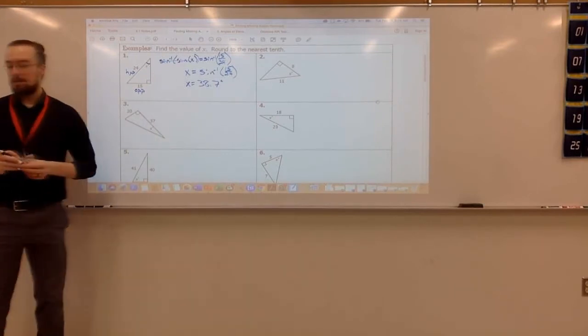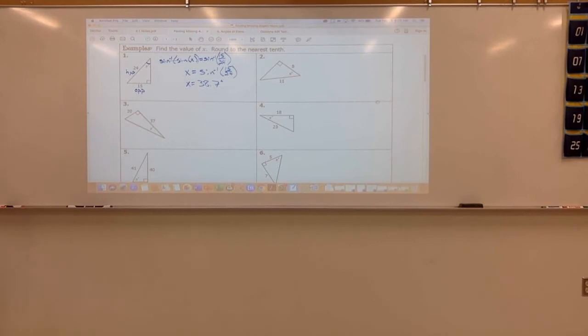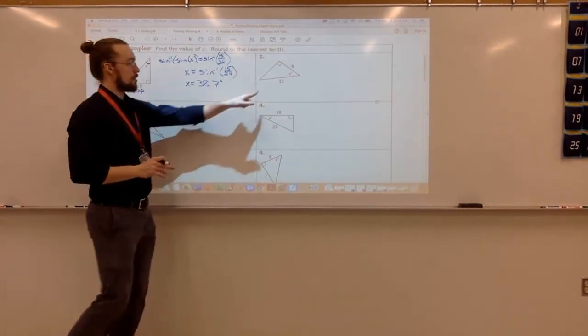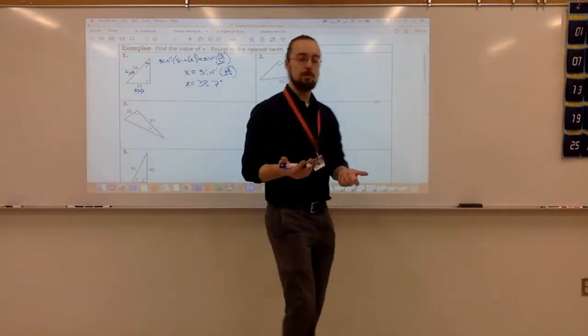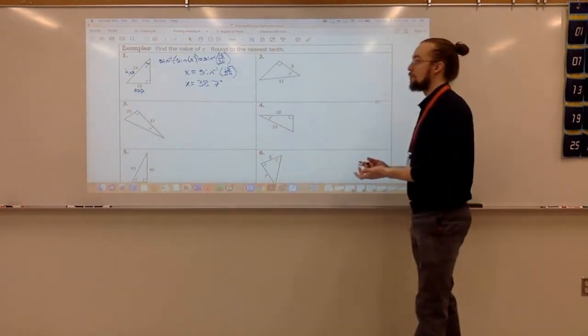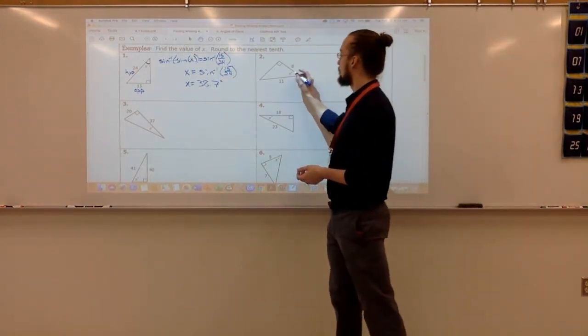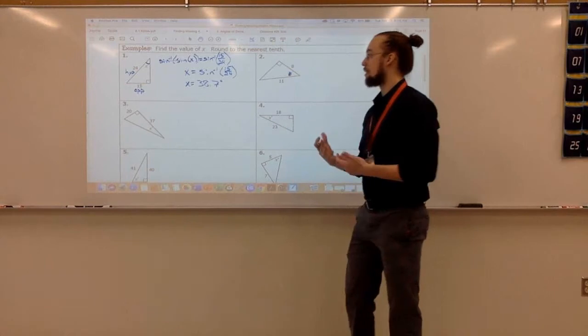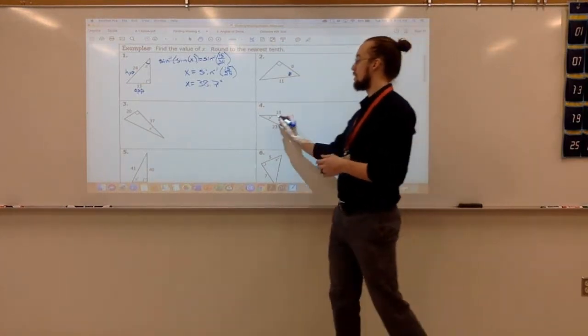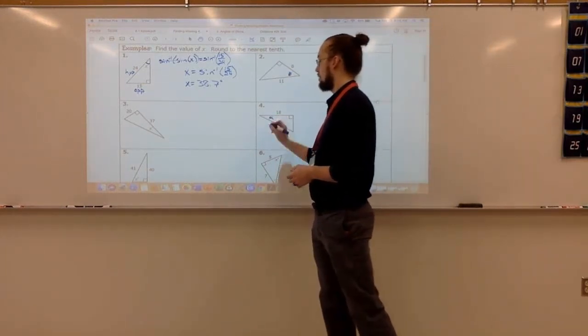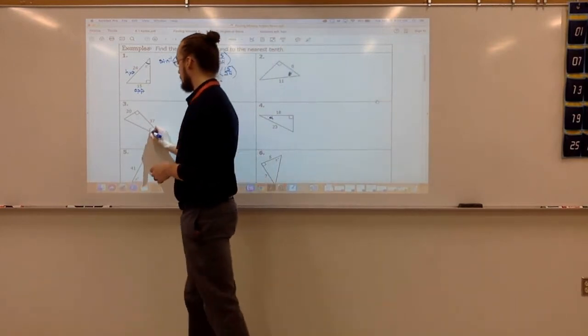I did mention this maybe 2 days ago, very briefly. On all of these problems, x is the variable, but it is also very common to see Greek letters as variables for angles. So we could see a theta in there, or an alpha, or a beta.